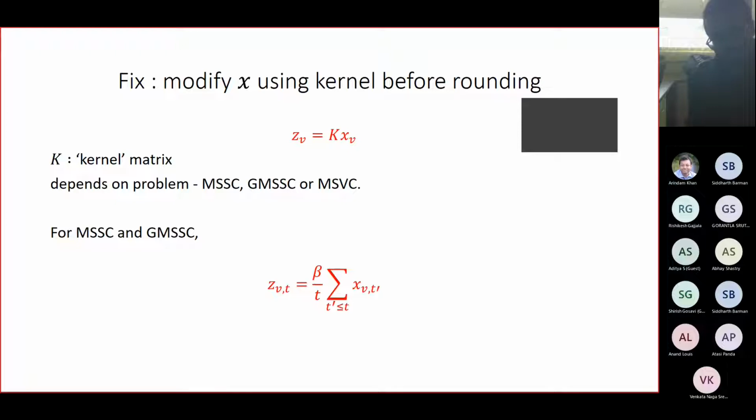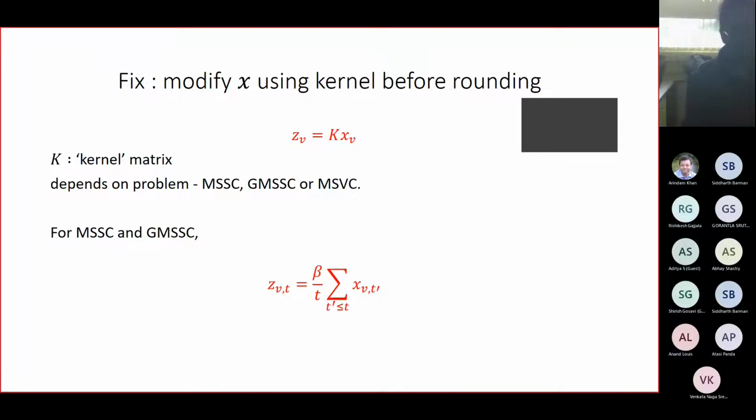Let's interpret what this is saying. To find the load of this vertex at time t in the solution Z, you take the average load up to time t in the solution X. That's the sum of the x_{v,t'} values for t' at most t, divided by t. That's the average load up to time t, multiplied by some constant beta.